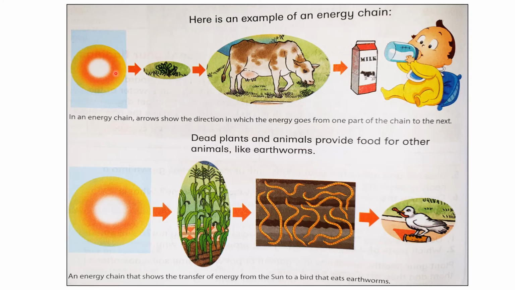So in an energy chain, arrows show the direction in which energy goes from one part of the chain to the next. So as you can see here, the energy from the sun is used by the grass. The grass uses this energy to make its own food.